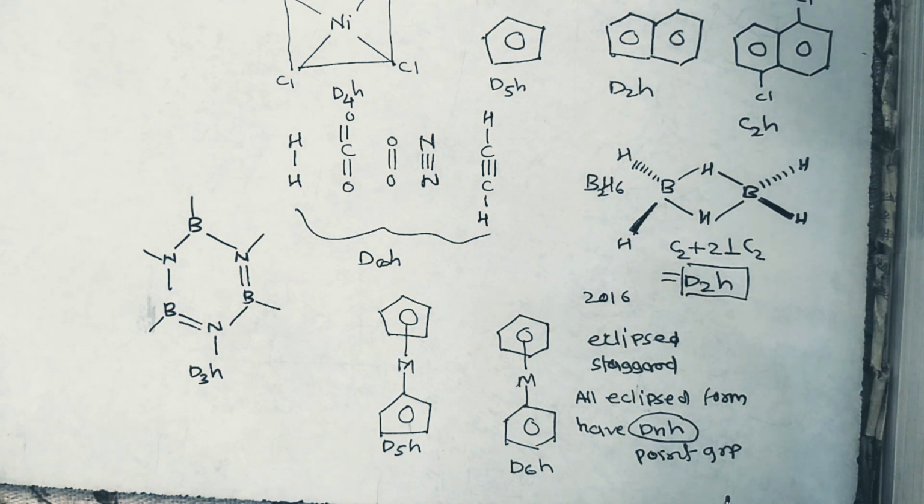Therefore, whenever you see any structure, first of all you determine the structure or conformation of that particular molecule. From that you can easily predict the type of point group for a particular molecule.